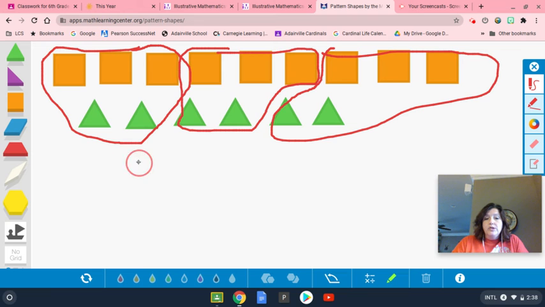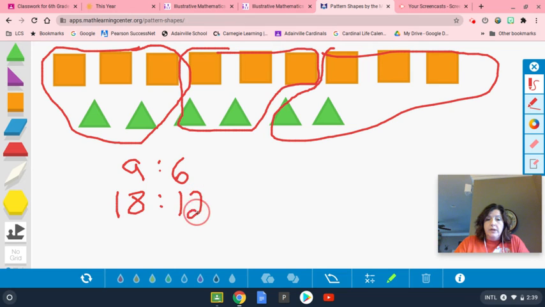So my original ratio was 9 to 6. We said that this is equivalent to 18 to 12. Those are equivalent ratios. That's what happens when we double the recipe.